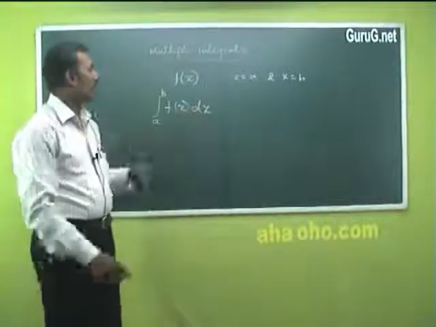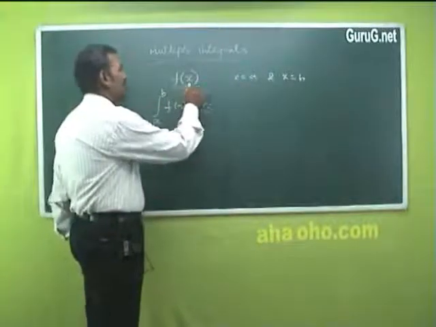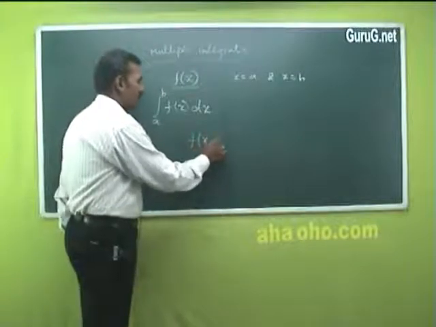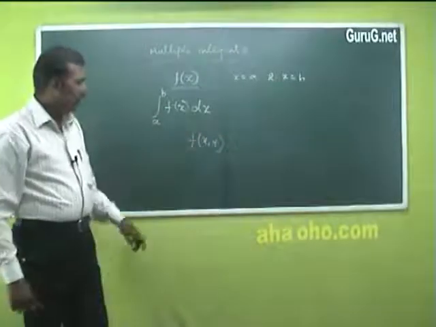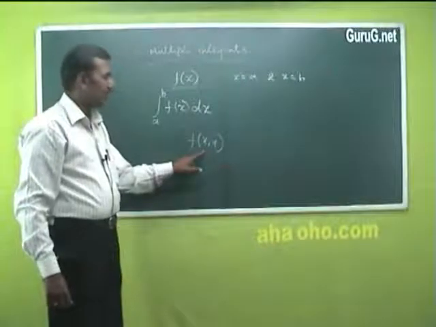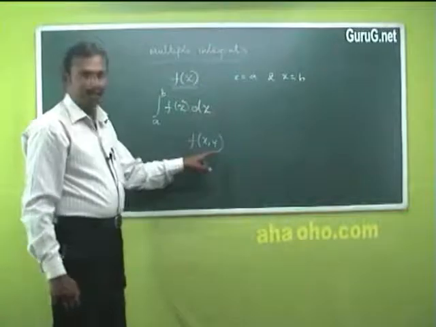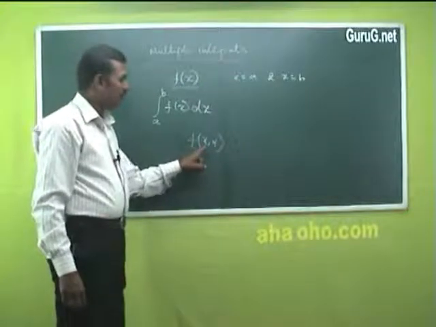Integral a to b f of x dx. Suppose this integrand is a function of two variables x and y. So I have to integrate this function with respect to x and y. It is a function of two independent variables.